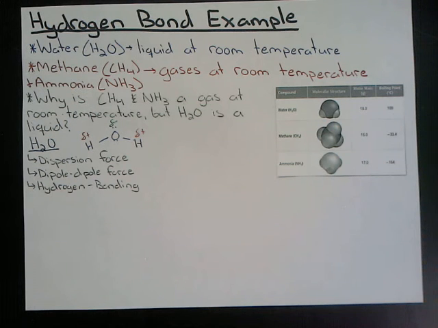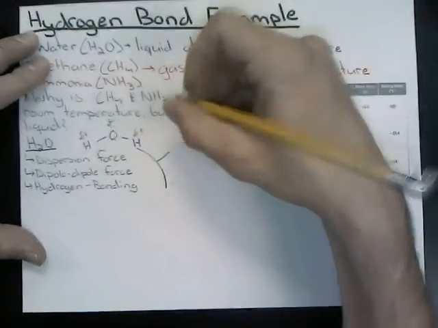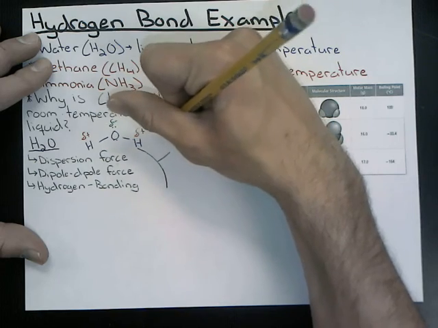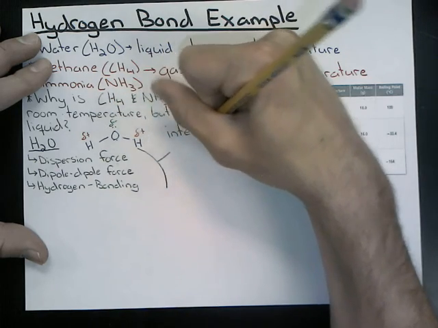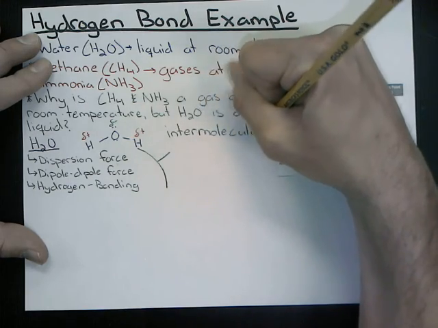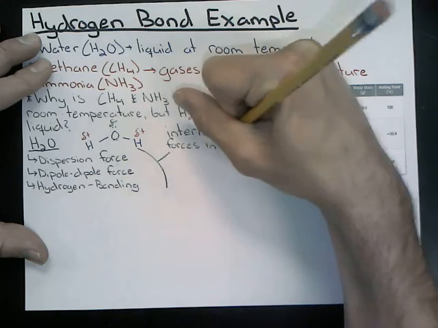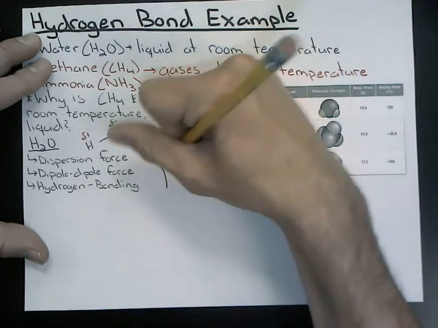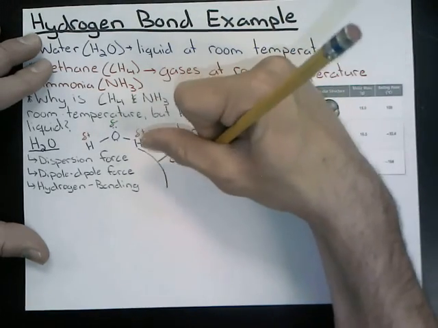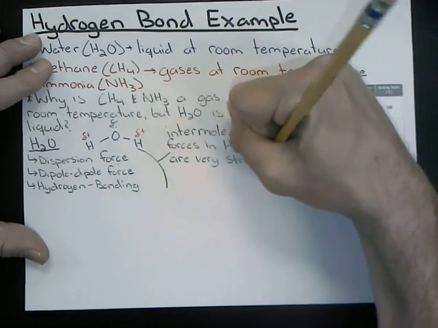So the intermolecular forces in water are very, very strong. If we want to note this here, the intermolecular forces in H2O are very strong. And so that is why water is a liquid.